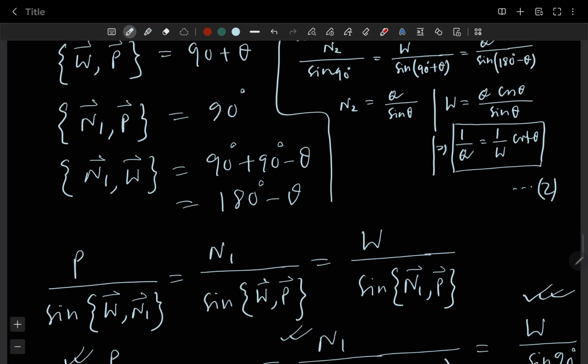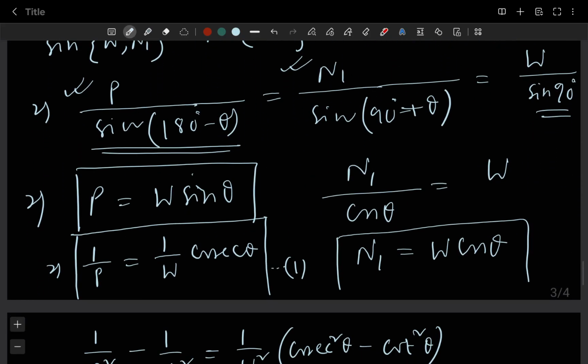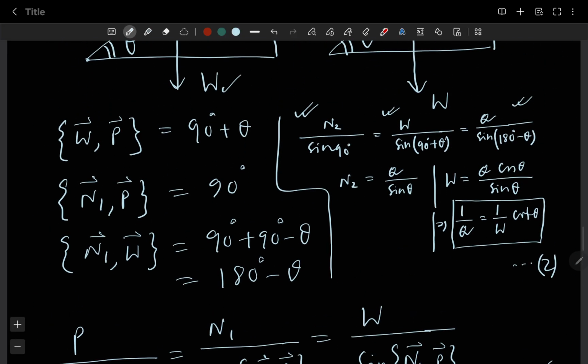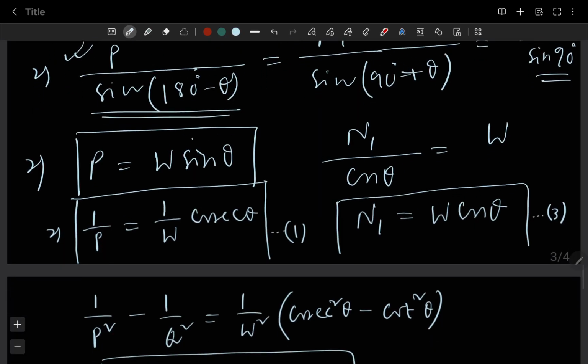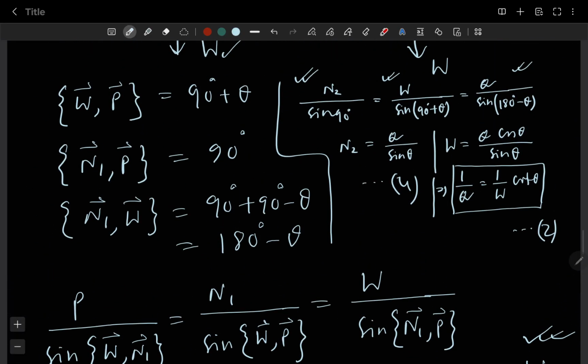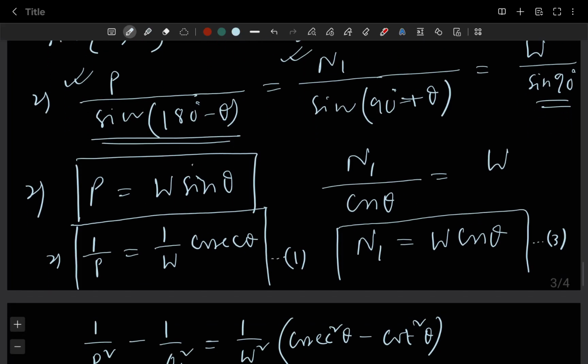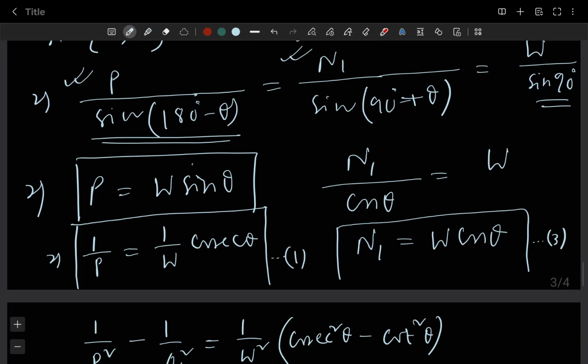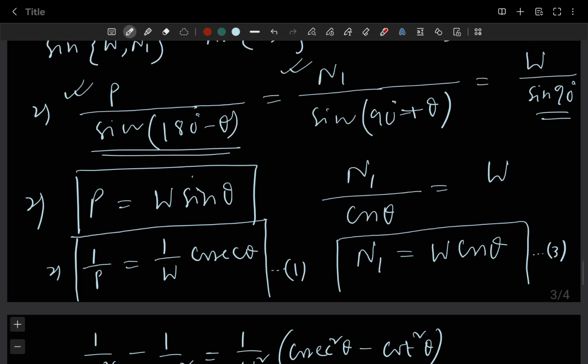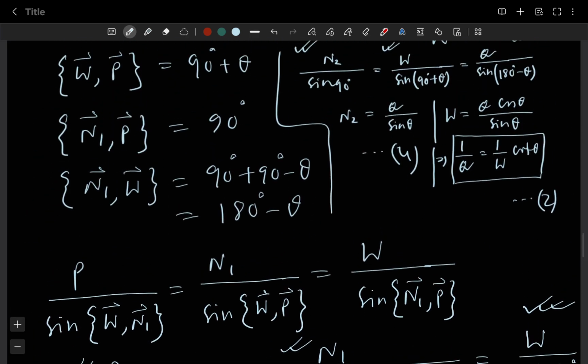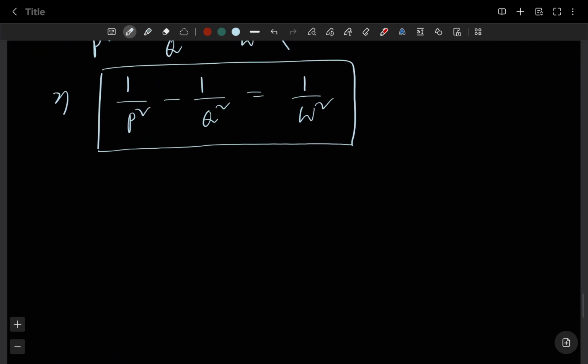Okay, and also you get the relation between, call this one 3, call this one 4. So if you multiply equation 3 and equation 4, what you will get? N1 is W cos theta, N2 is Q by sin theta.